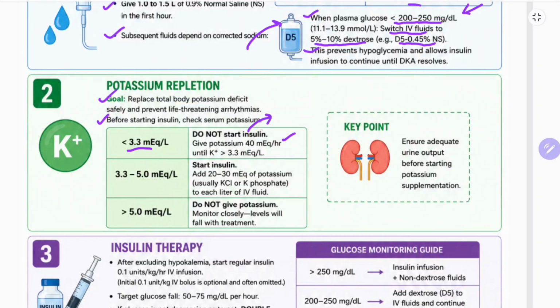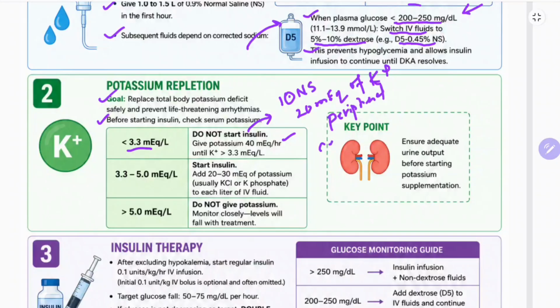And one practical point is, for 1 pint of NS, meaning 500 ml of NS, you can add a maximum of 20 milliequivalents of IV potassium if you are giving it through the peripheral venous route.